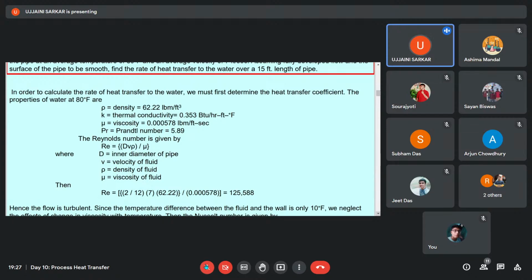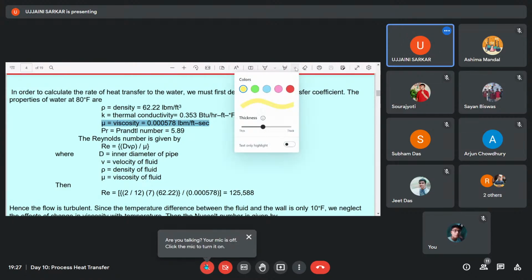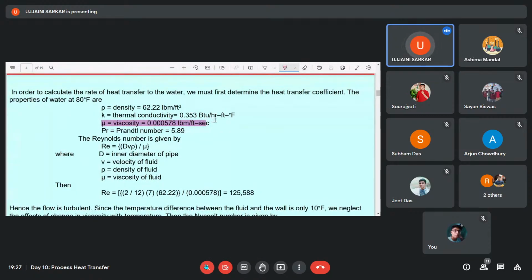And mu is given in pound mass per feet second. See, the unit of mu is per second, and the unit of velocity is also given per second. Did you see?